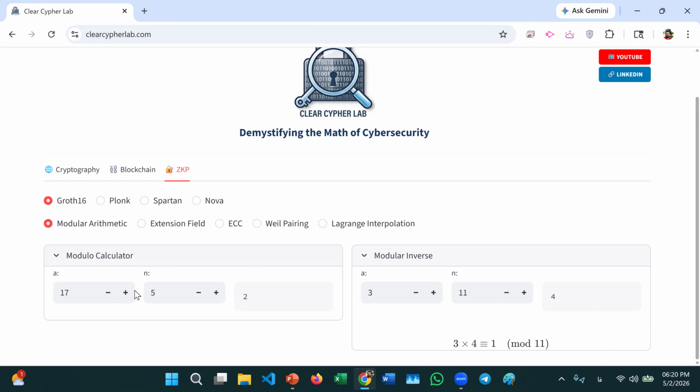So you can compute the mod value. For instance, I want to compute 170 with a modulus of 101. The result is 69. Or maybe 905 with the same modulus, and the result equals 45. So you can use this tool on our website to compute mod values.